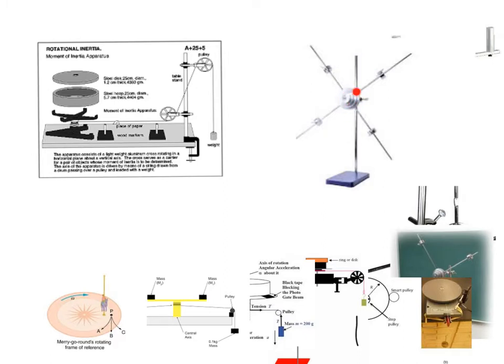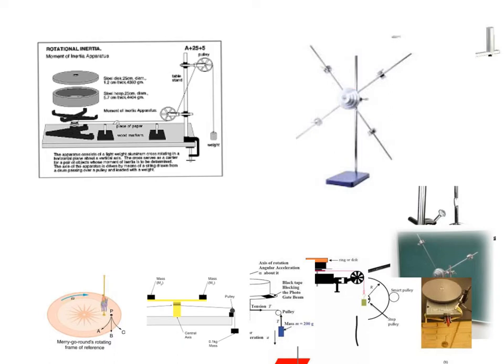It's a central hub that has 4 rods that screw into it, and these adjustable masses that can be moved along the rod. So this is like a spoked apparatus that spins where the axis is horizontal, and so it's spinning in the vertical plane, kind of like a bicycle wheel.